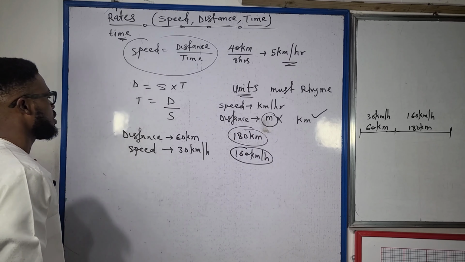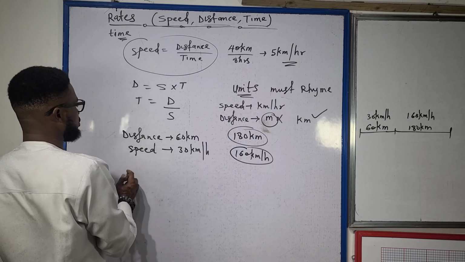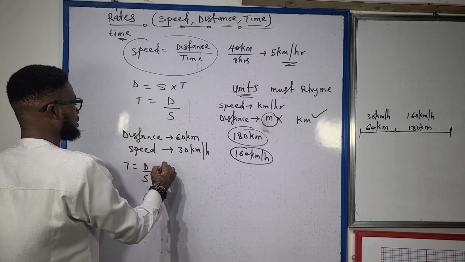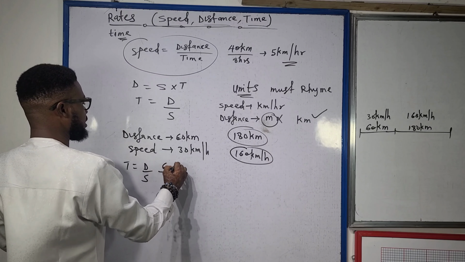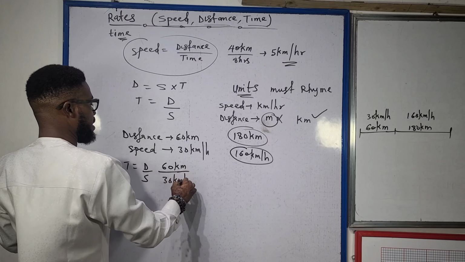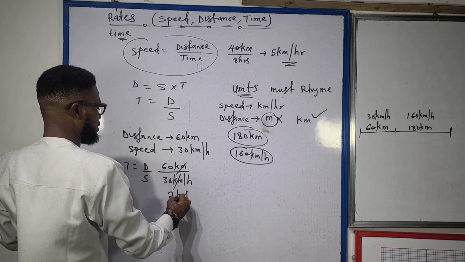Of course, when you talk about the total time, you need to look at the time for each part of the journey. Time equals distance over speed. The distance is 60 kilometers divided by 30 kilometers per hour. So this is 2 hours.